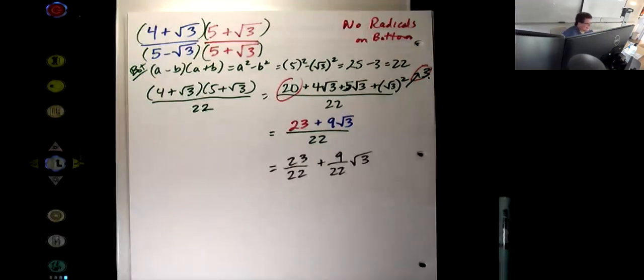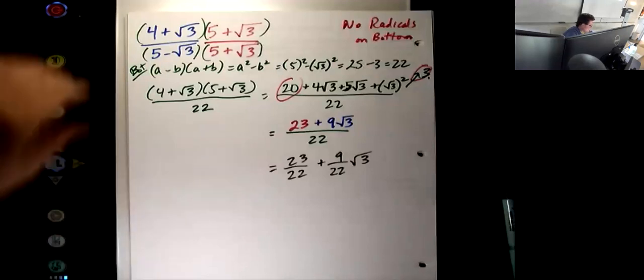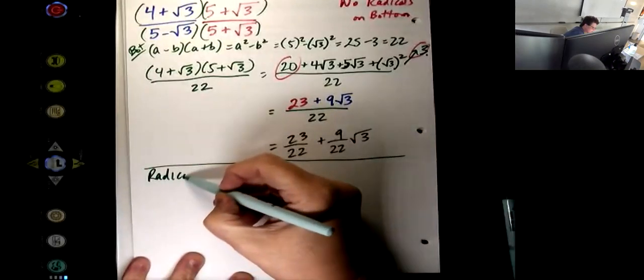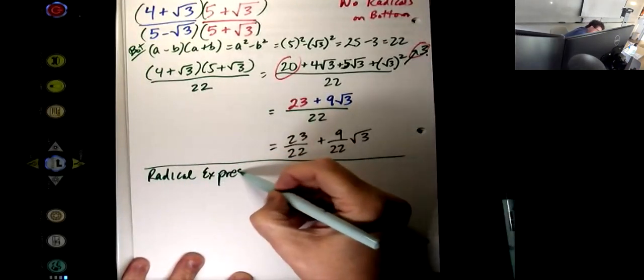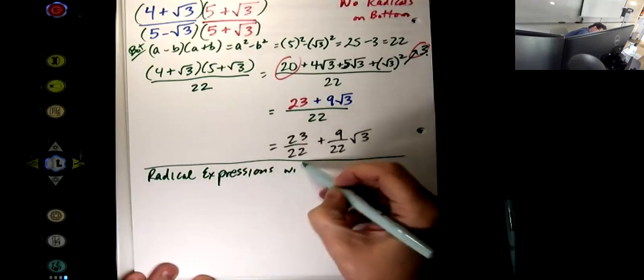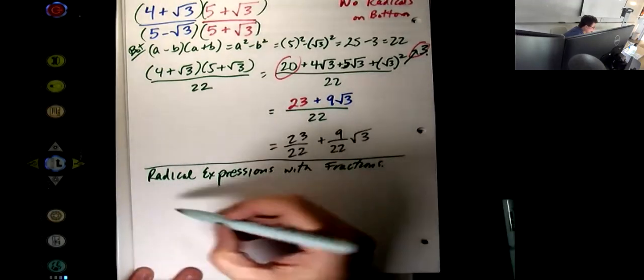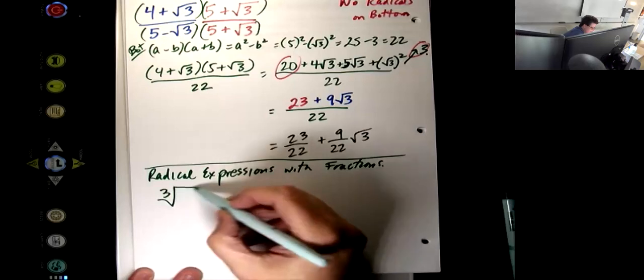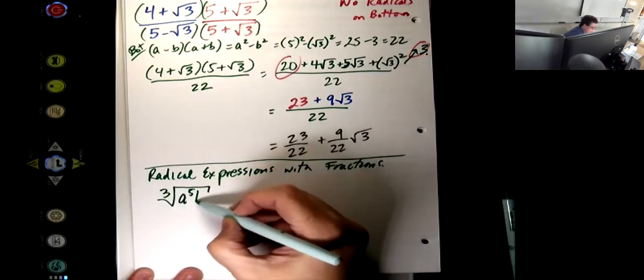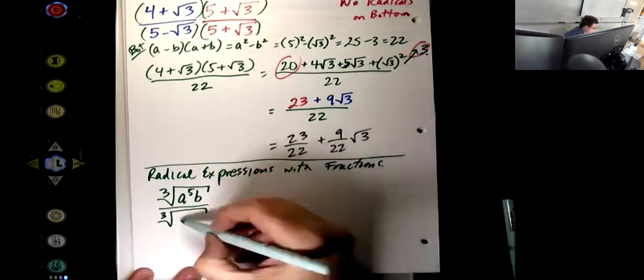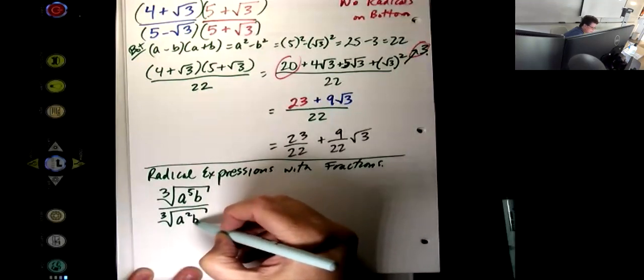Alright, so if we have radical expressions with fractions. If I have the cube root of a to the fifth power times b over the cube root of a squared b to the fifth power.